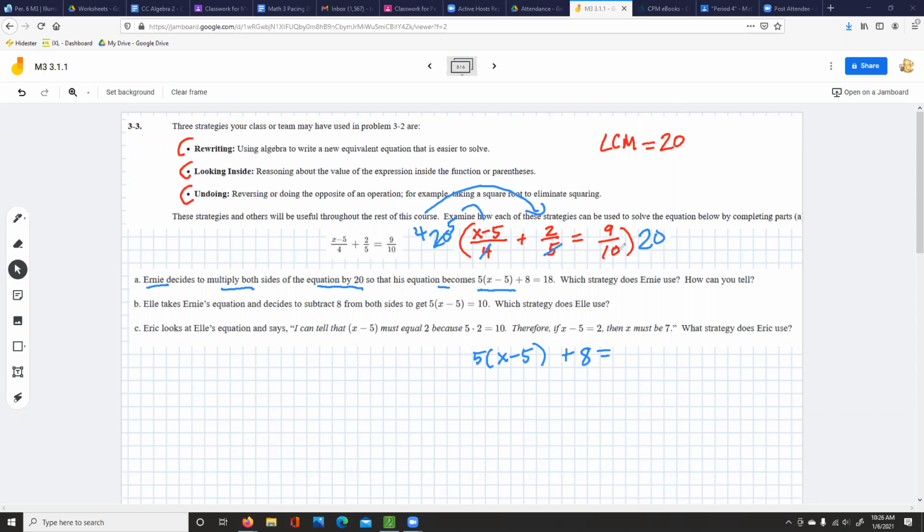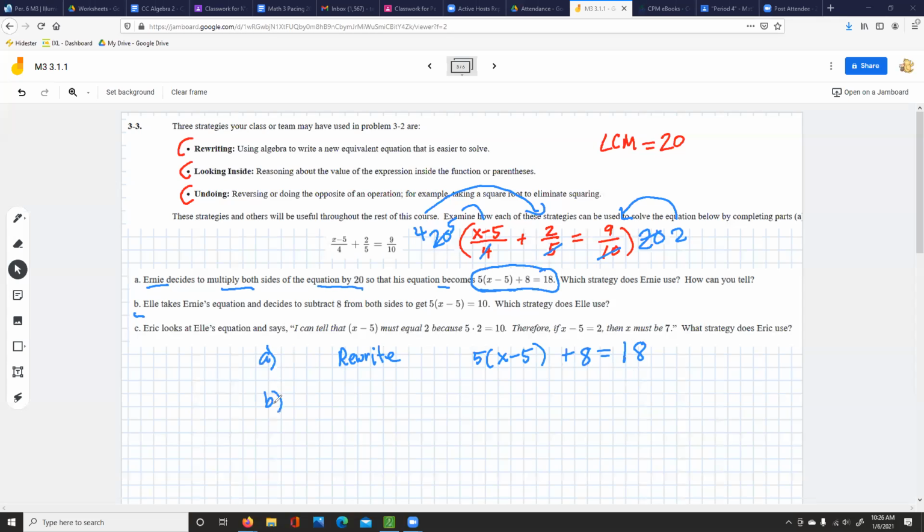And then this 10 is going to go into this 20 2 times. So 2 times 9 is equal to 18. So that's what Ernie does here. He decides to multiply, and that's basically rewriting the problem. We rewrote it in a new form by multiplying by 20.